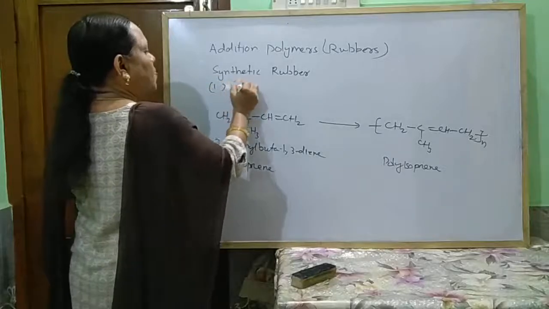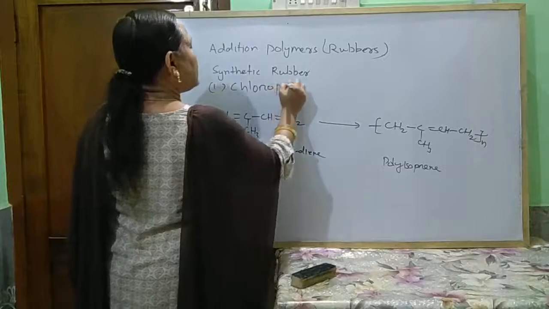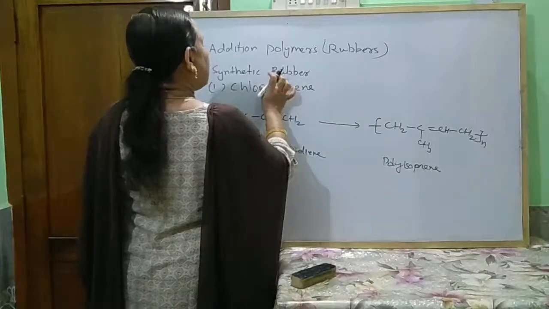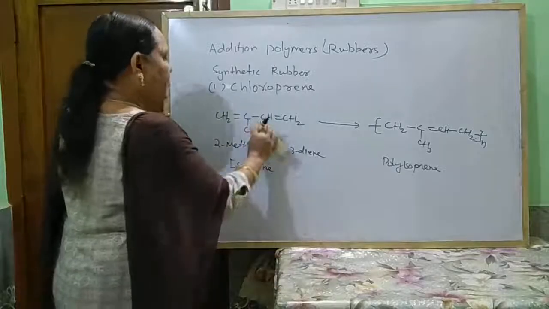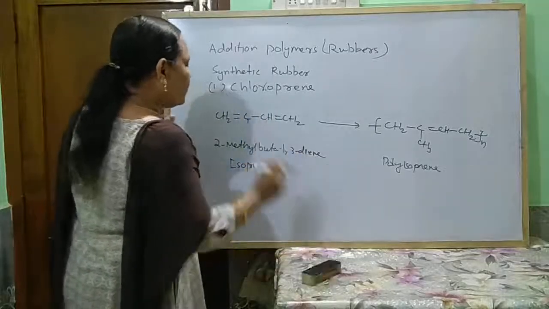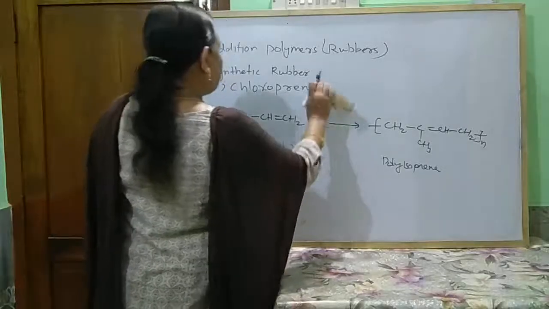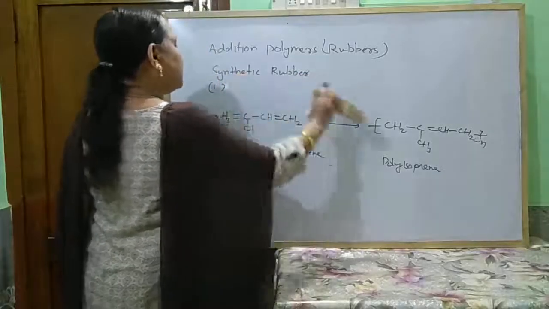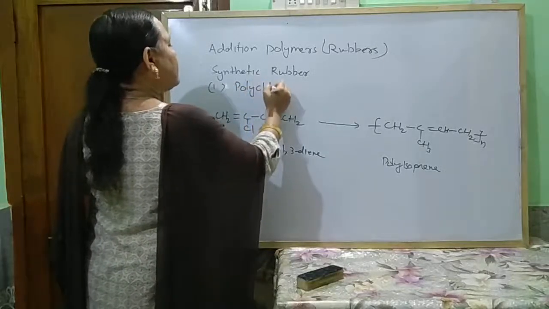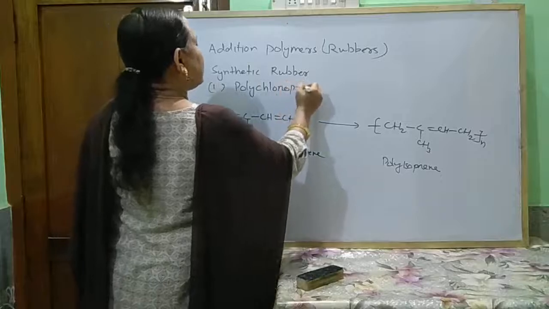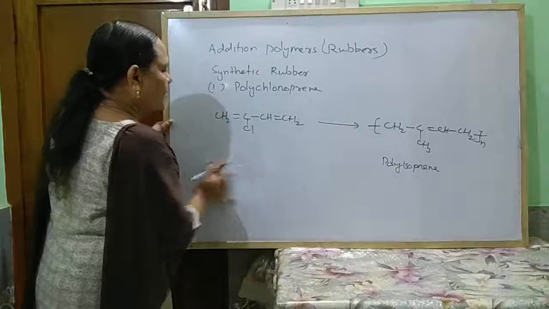First, chloroprene. So here, instead of this methyl group, if chlorine is there, this is known as polychloroprene. So first, this is known as chloroprene.